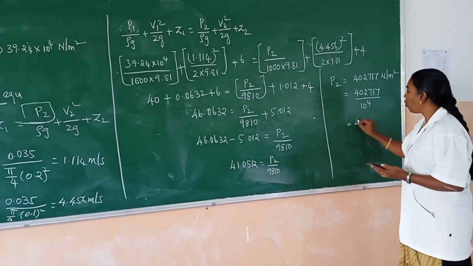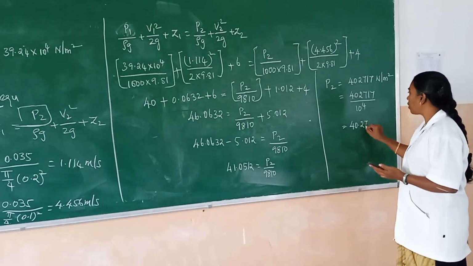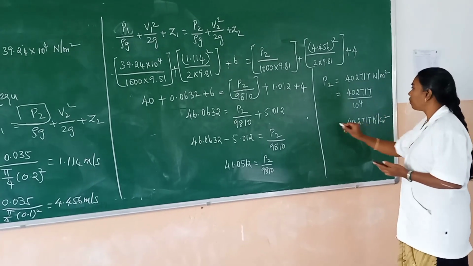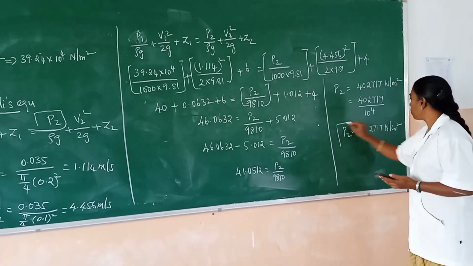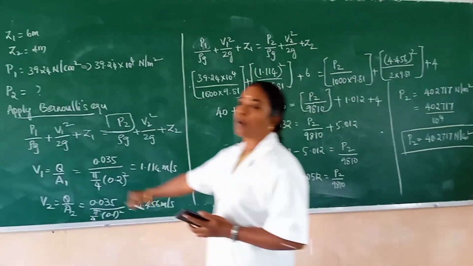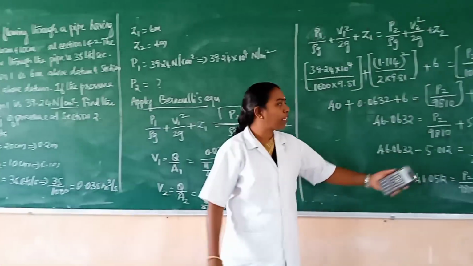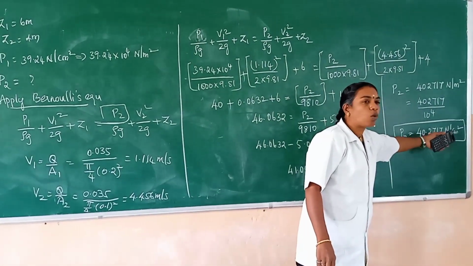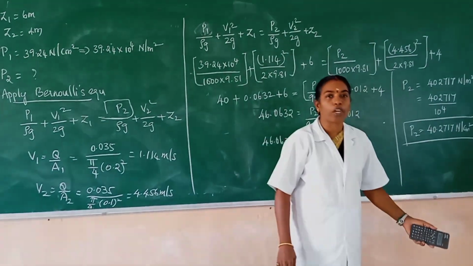So you get 40.2717 Newton per centimeter square. So the intensity of the pressure at section 2 is calculated as 40.2717 Newton per centimeter square.